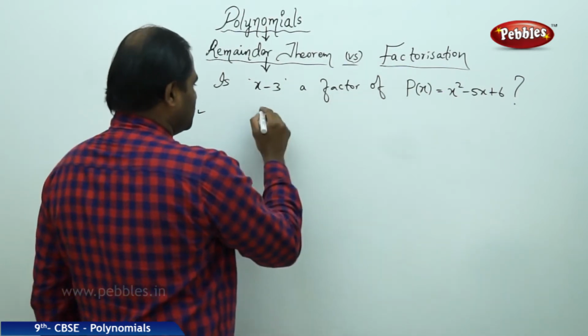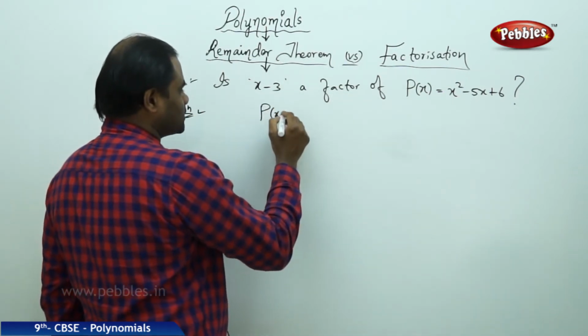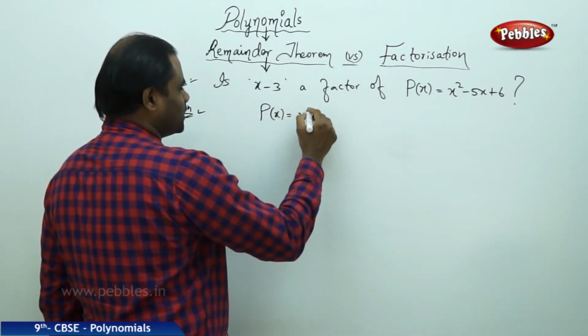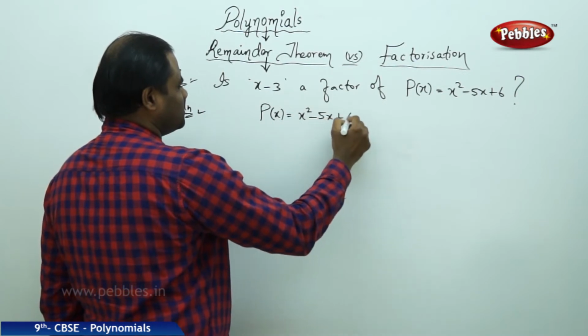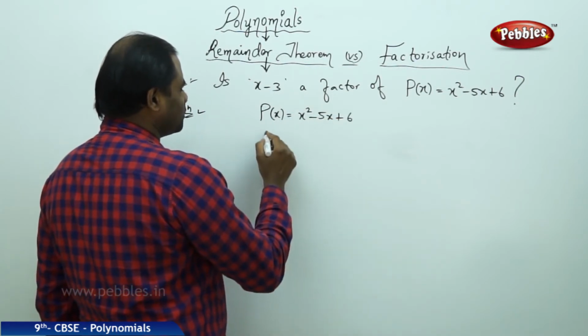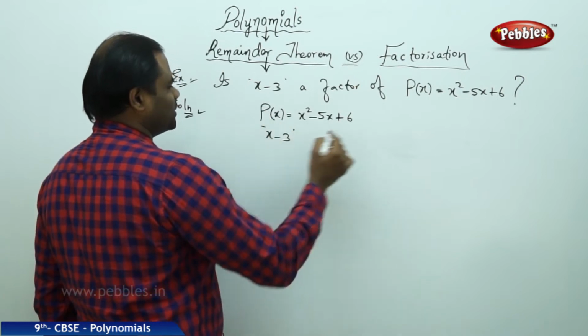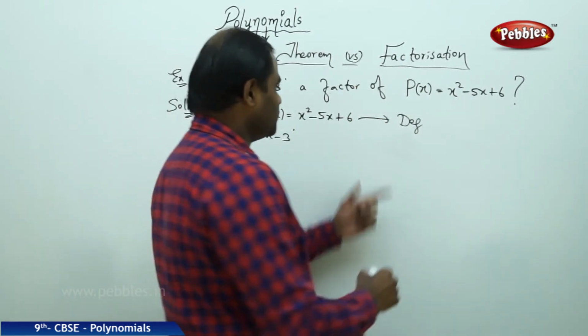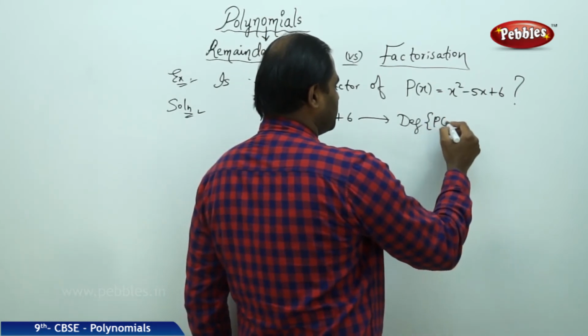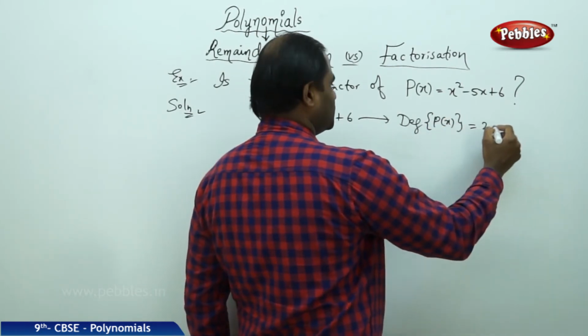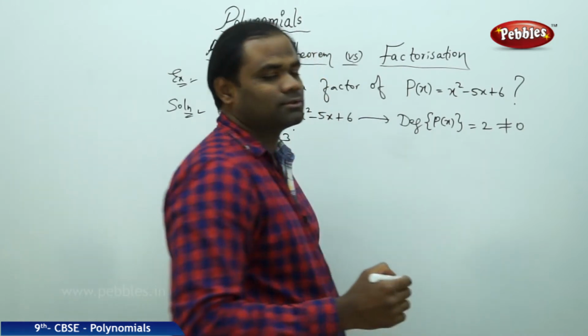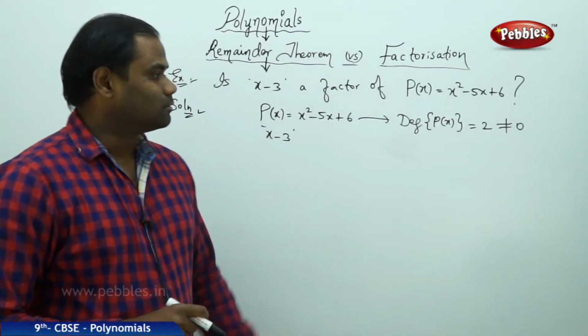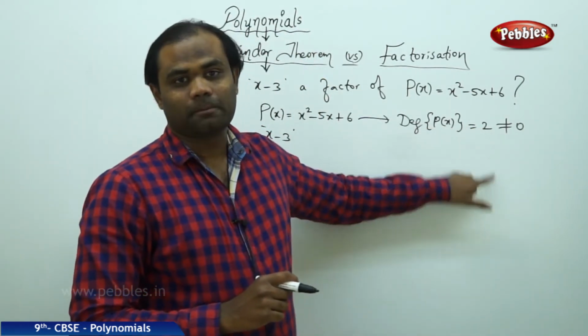As I have the given polynomial p of x equals x squared minus 5x plus 6 and my linear polynomial x minus 3, I clearly see condition 1 of the remainder theorem, which says the degree of p of x is 2, which is not equal to 0. The condition 1 where the degree is non-zero.